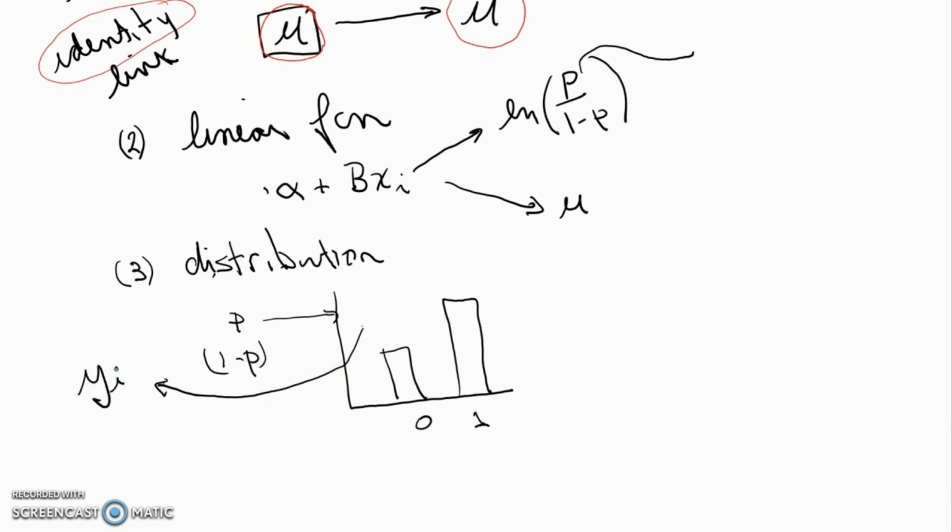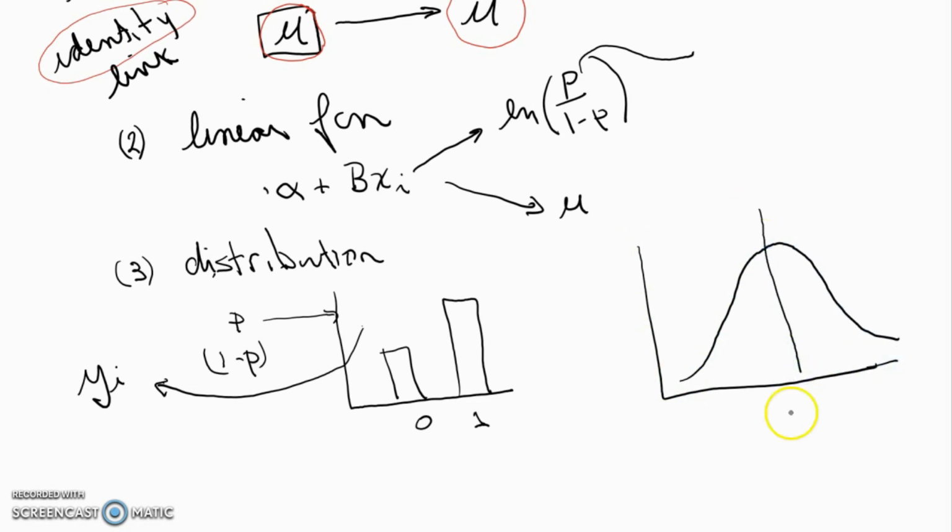In the case of simple linear regression, we've got a different distribution, not a Bernoulli distribution, but rather a normal distribution with some value mu i that we need to specify. It's determined by our linear function. Some value of sigma that we need to specify, and then the observed value is a random draw from that distribution.